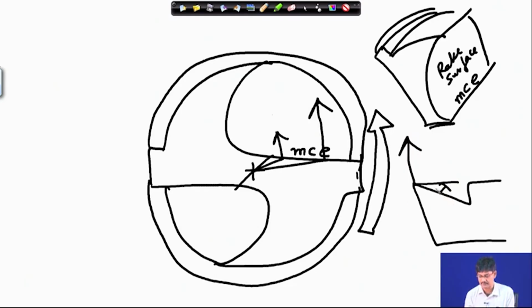It is moving away from the reference velocity, it is moving towards the reference velocity. Okay. It is here for the drill, here this angle is less than 90 degrees.